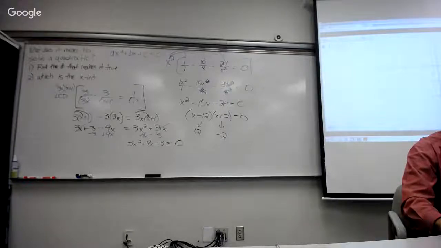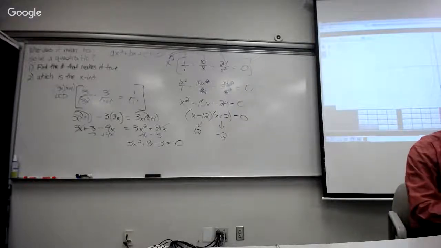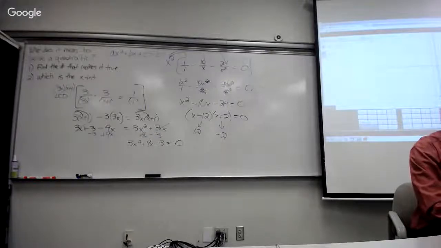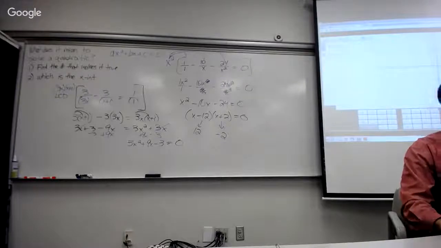That just looks like 2 vertical lines. 3 over 3x minus 3 over x plus 1. And what did we do? We transformed it into 3x squared plus 9x minus 3. Oh, how strange. There we go.